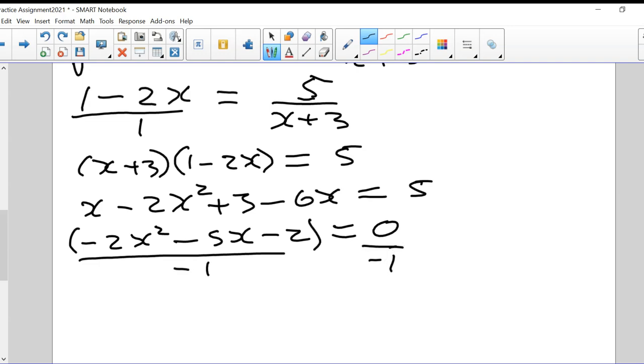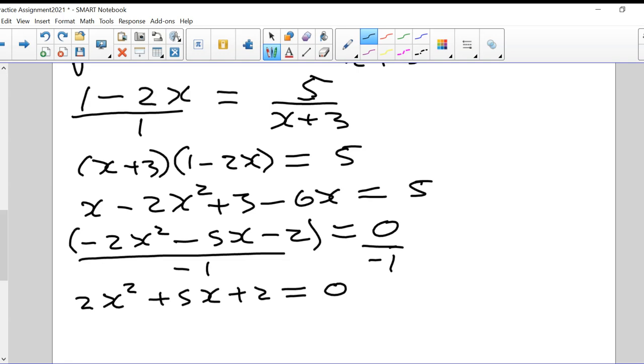That makes this become positive 2x squared plus 5x plus 2. The other side is still 0, because 0 divided by minus 1 is the same 0. So that doesn't change at all.